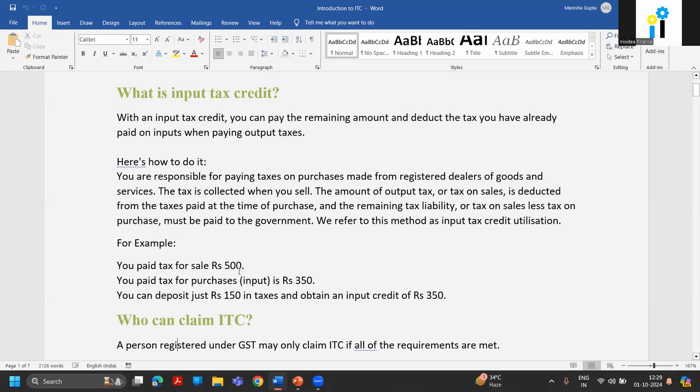Then you subtract 350 from 500. The 350 is your input tax credit, and you pay only the remaining amount to the government, not the full 500.